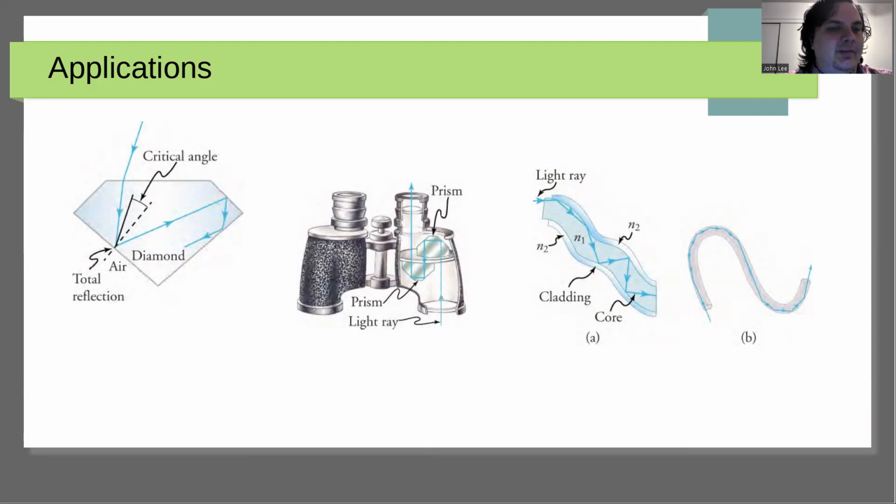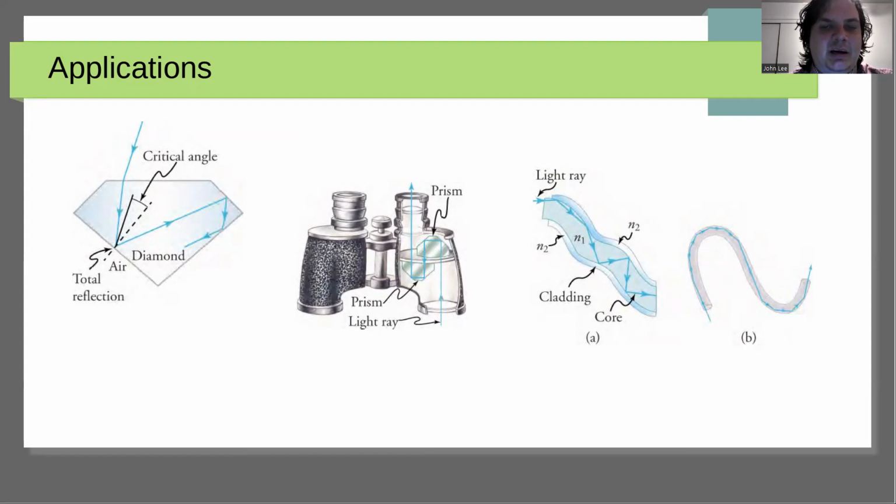So if light passes through a diamond and hits another facet of the diamond so that it is hitting the air at an angle greater than the critical angle, then it's not going to come out, it's reflecting back inside the diamond. It's going to keep reflecting back on the insides of the diamond unless it hits at some very specific angle, which is why diamonds seem to shine.